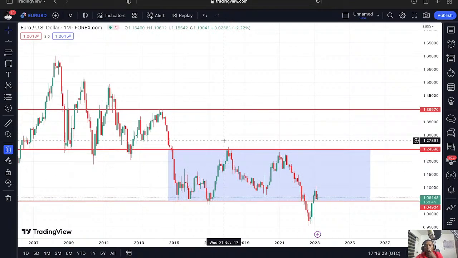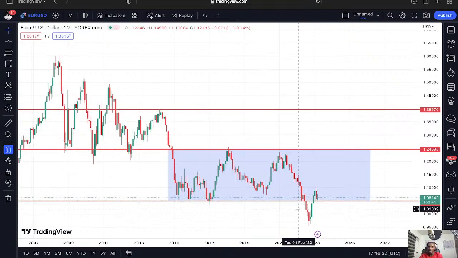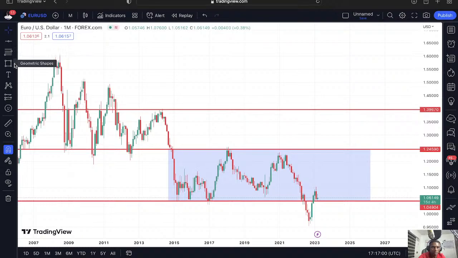One other pattern I spotted here, which already played out, but I still want us to take an example from it. Look at it, you would see clearly that this is a double top. Now what do you expect from a double top?